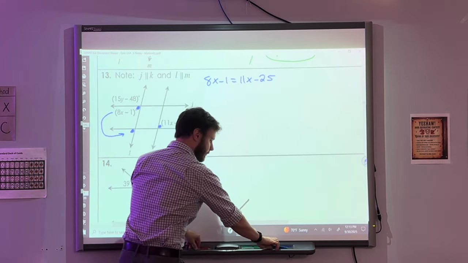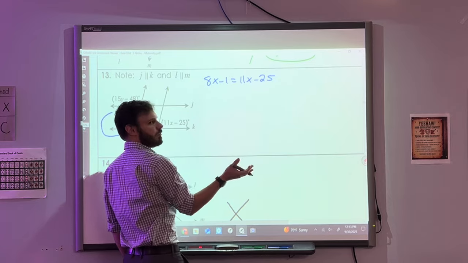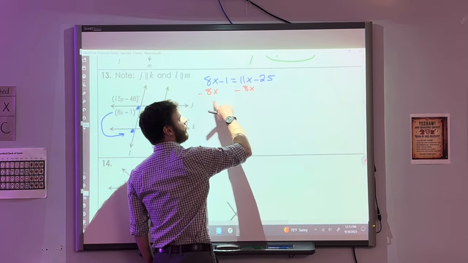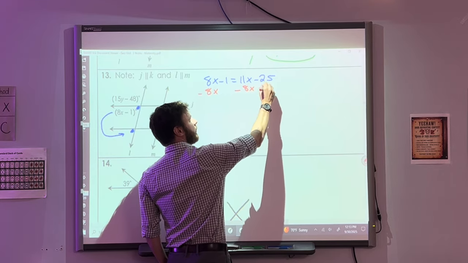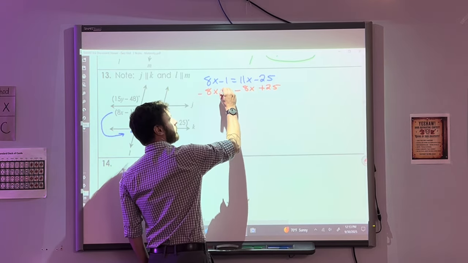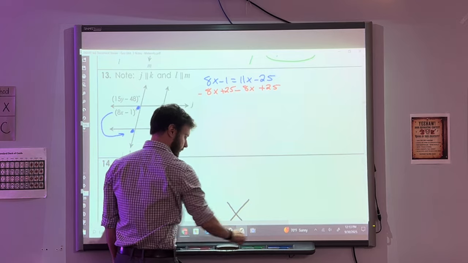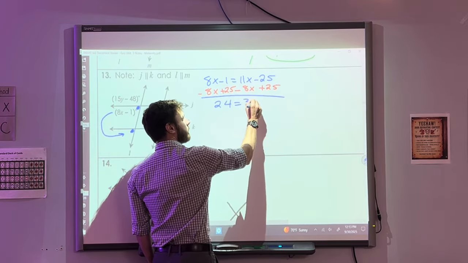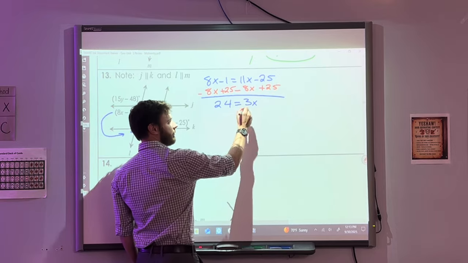All right. Move the smaller x, give something back, and divide. Move the smaller x, give something back. Lastly, we're going to divide.